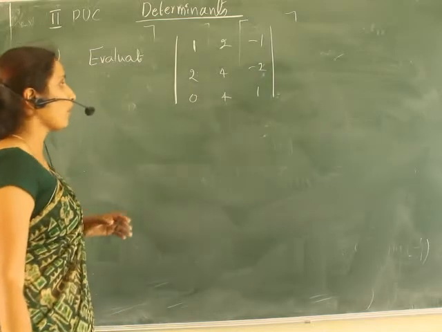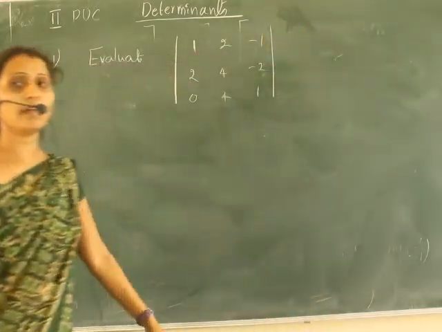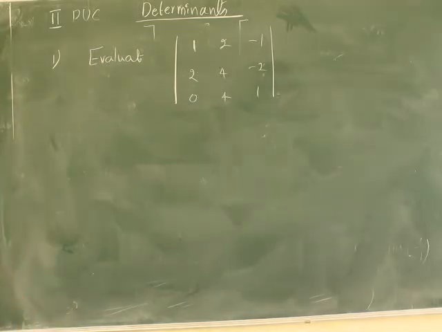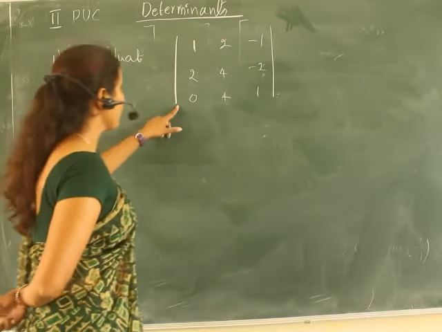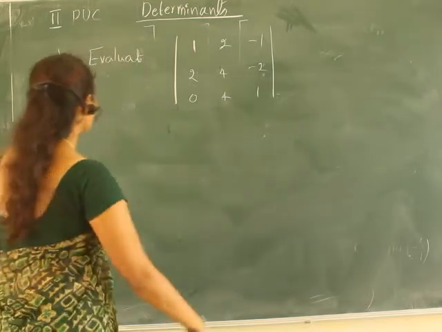I have told you already this is the determinant symbol, and if you write it in square brackets, then that will be the matrix. Evaluate means you have to find the determinant value. So I'll take this as a matrix A.